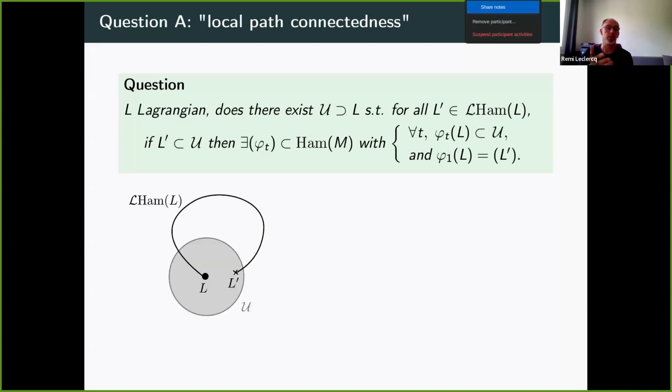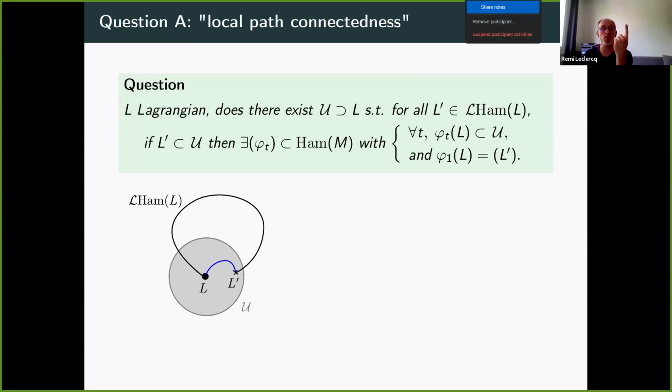So it's really a question of path connectedness. You have L which is fixed, and you're wondering if there exists such an open set U such that if L' is in there, then you will find a Hamiltonian isotopy from L to L' which is inside U. I have at least two motivations for this question.